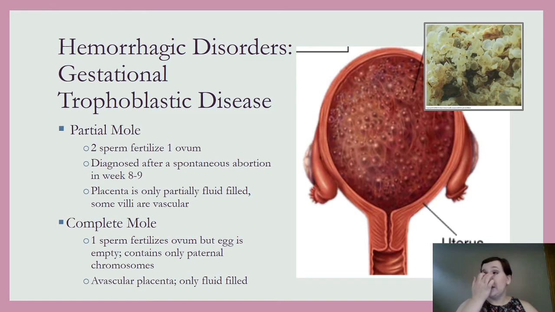Trophoblastic disease, or hydatidiform mole, is very, very rare. It occasionally happens in about 1 in 1,000 pregnancies. It's a chromosomal abnormal fertilization.